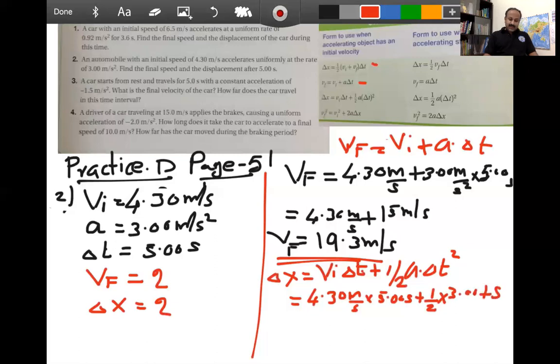So that's 5 square. Okay. So 4.3 times 5, plus half times 3 times 5 square. So the answer is 59.